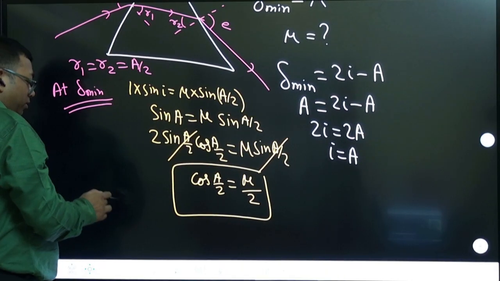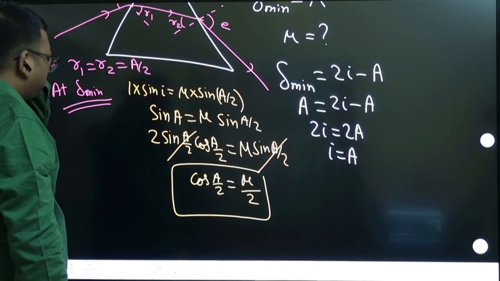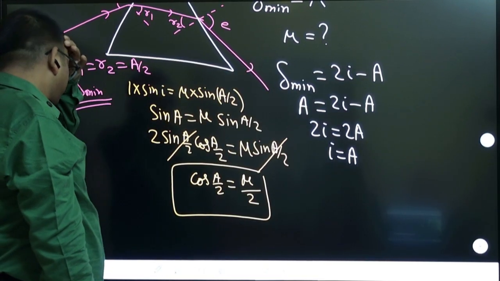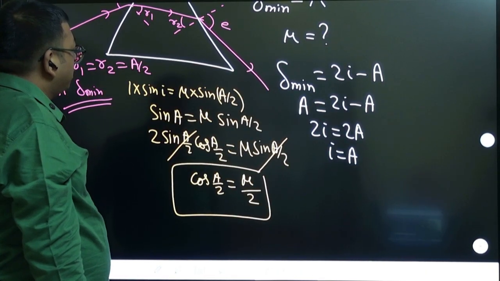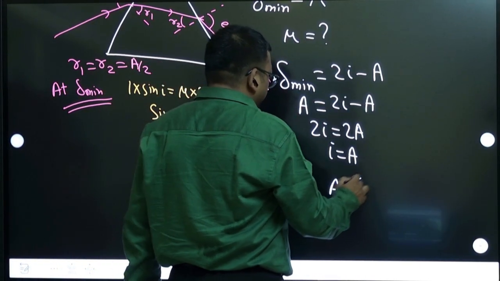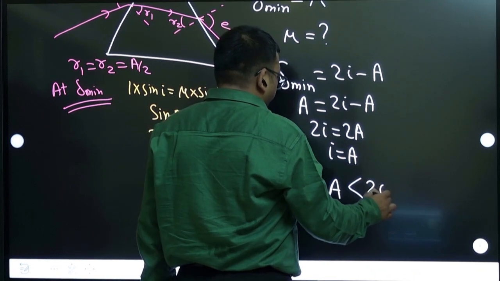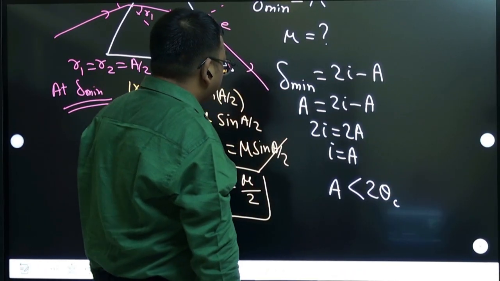Okay, so we got one idea from here, but how do we take the other idea? The other idea we can take from here is that A is less than 2 times the critical angle.